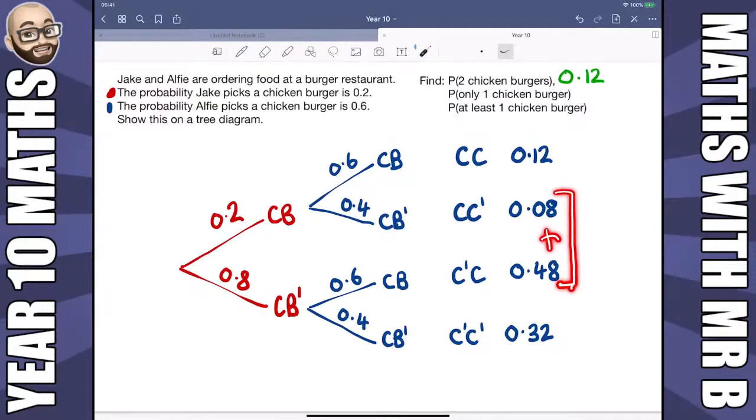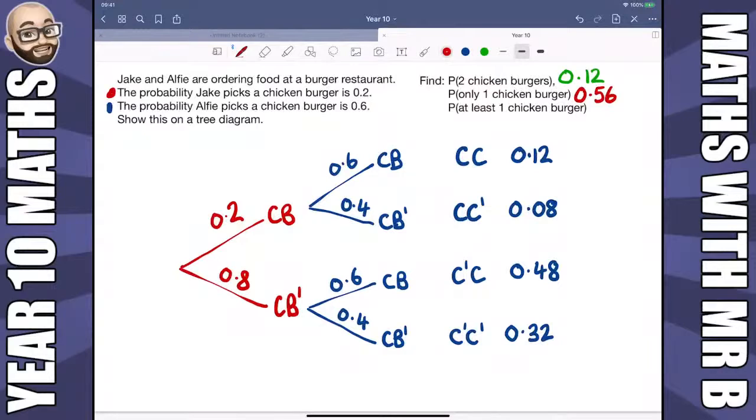They both get me just 1 chicken burger, but there's 2 different ways of doing it. So I take their individual probabilities and I add them together. So I'm going to do 0.08 add 0.48, and that's going to get me 0.56.